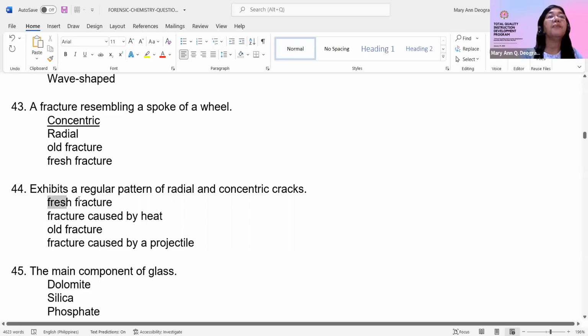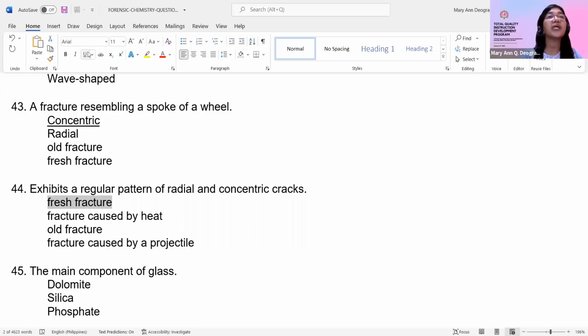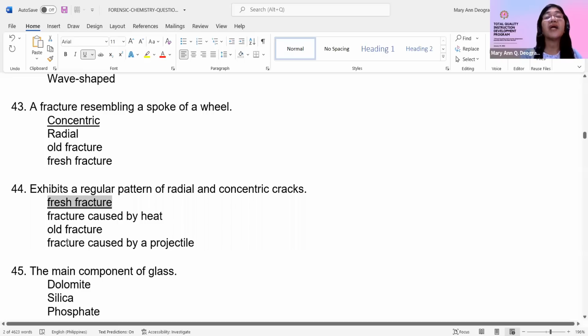Kasi ang pagpipilian lang naman natin dyan is fresh tsaka old fracture eh. Ang old fracture kasi natin may mga extension lines. Diba? Naalala niyo yung discussion natin last time? Pag old yung fracture natin, may mga extension lines yan. Pero kung regular lang yung patterns ng ating radial and concentric, ibig sabihin fresh fracture yon. Okay, so yun lang yung pagpipili natin whether it's fresh or old fracture.